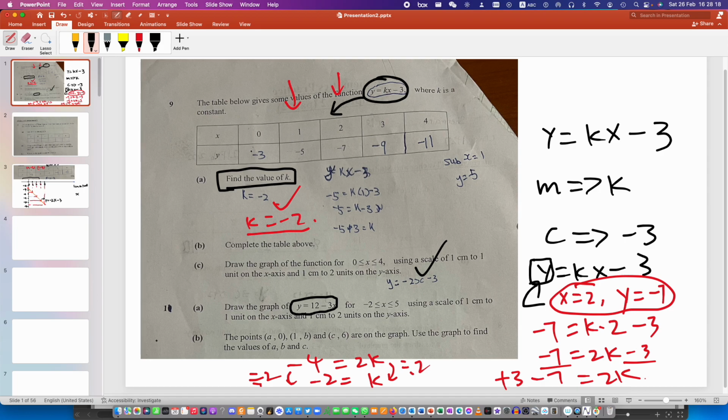Usually you don't start from here, you know why? You should start from the middle. If you start from the middle, at least you have so much to play with. If you start from here, later there's no space, how? So always start from the middle. Erase the y also.